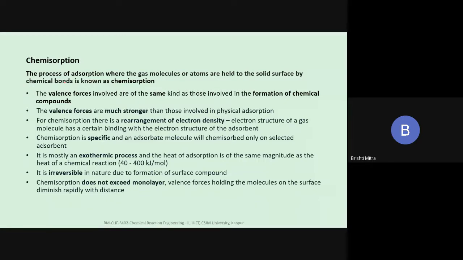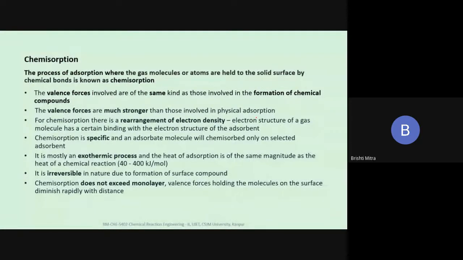That means when the adsorbed gas molecule comes and sits and is chemisorbed on the solid surface, the forces that are involved are essentially known as valence forces. These valence forces are much stronger than those that are involved in physical adsorption. Much stronger, and hence it will be more difficult to let go.